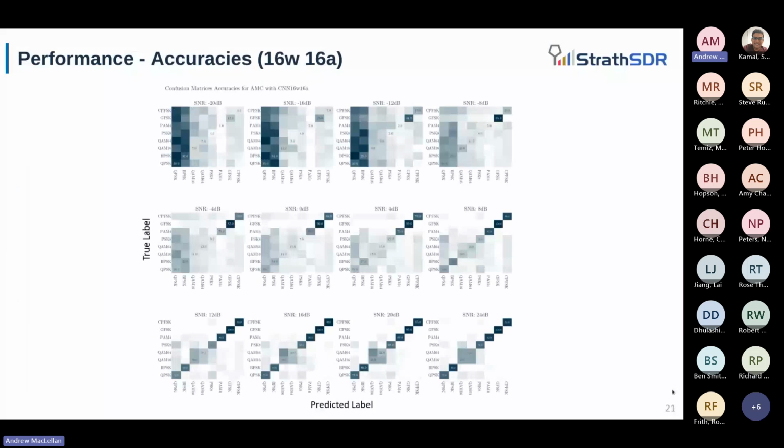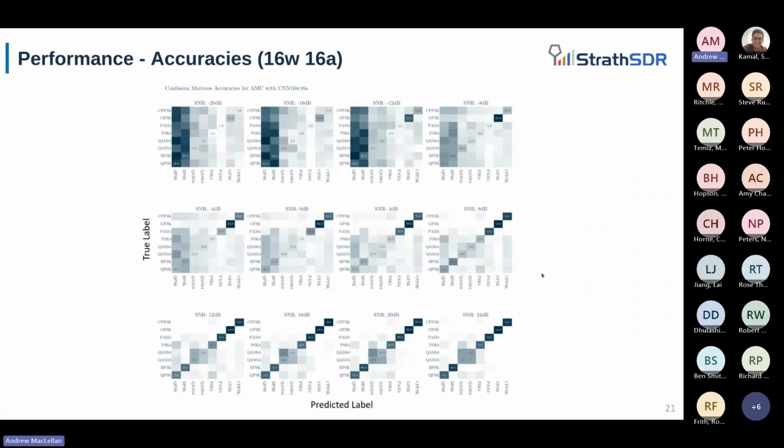Okay, so that was the interactive view. Here I've got a more formalized set of plots for the accuracies of each of the models that we're testing. There are a lot of confusion matrices here, but if we start from the top left, we have an SNR of -20 decibels, and then it increments by 4 decibels going to the right, all the way up to 24 decibels.